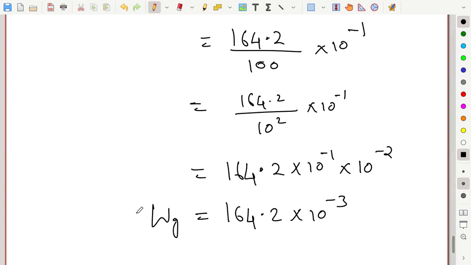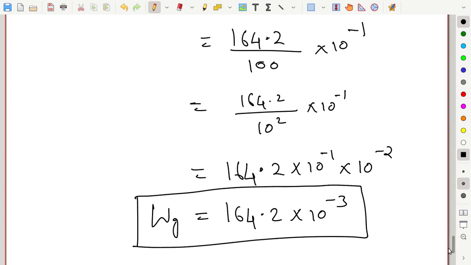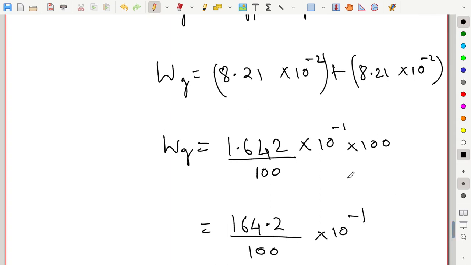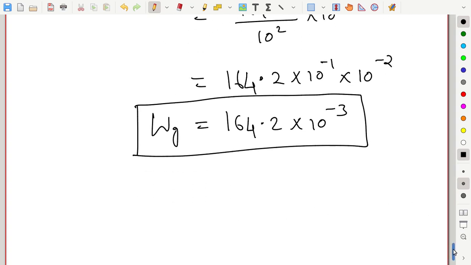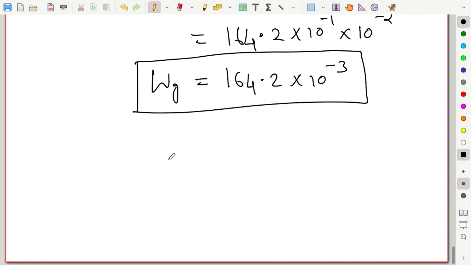I think everyone knows this, but I am explaining for those who can't get it, only one time. So we can write Wg as 164.2 into 10 power minus 3.